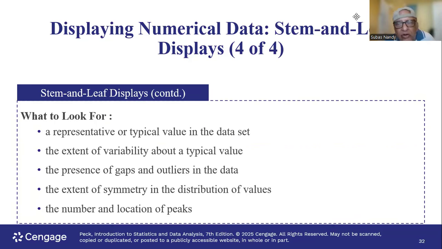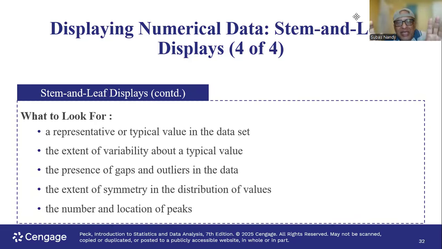Okay, what to look for? We will look for a representative or typical value in the data set, and extent of variability. Again, what is variability? Numbers are all over the place. An easy measure of variability in the data is the maximum value in the data set minus the minimum value in the data set.